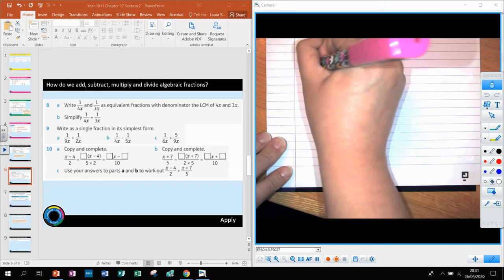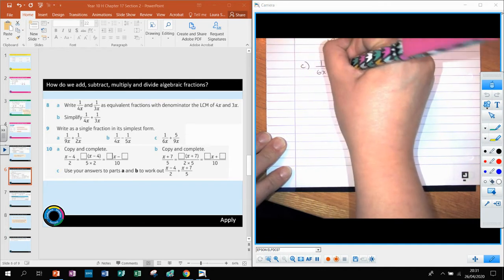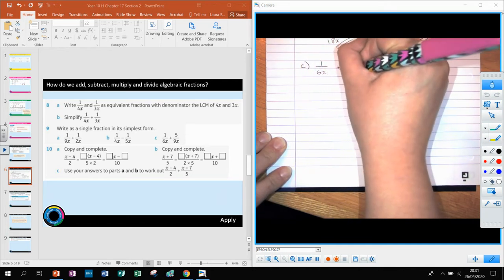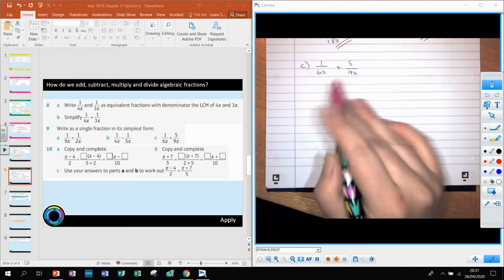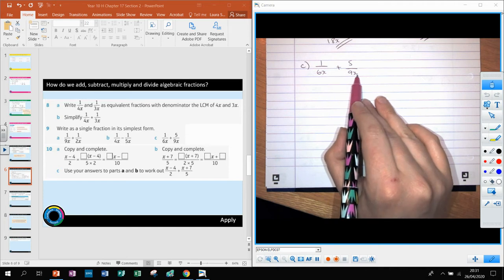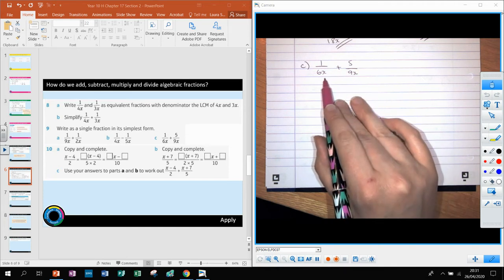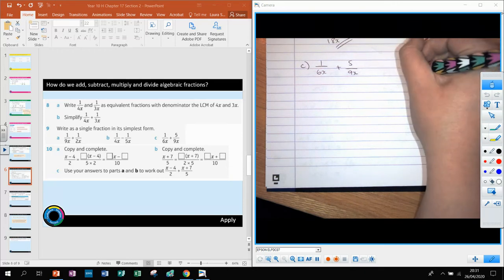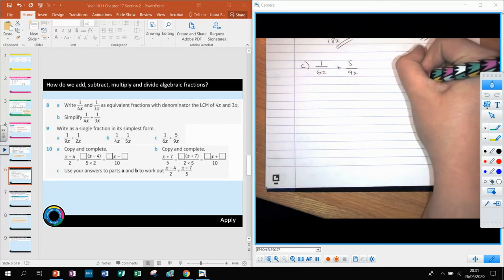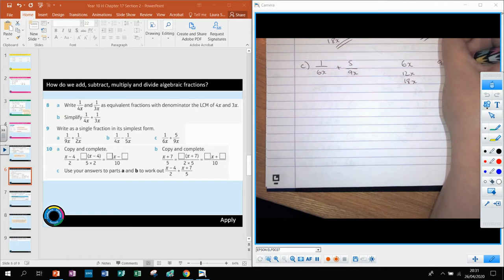So part C is 1 over 6x plus 5 over 9x. All right, there's a little bit more thinking involved with this one. We don't want to go too high. I mean, it could go to 54x, but I'm going to have to cancel down the lowest common multiple. If I took a look at their multiples, 6, 12, 18, and 9, 18.